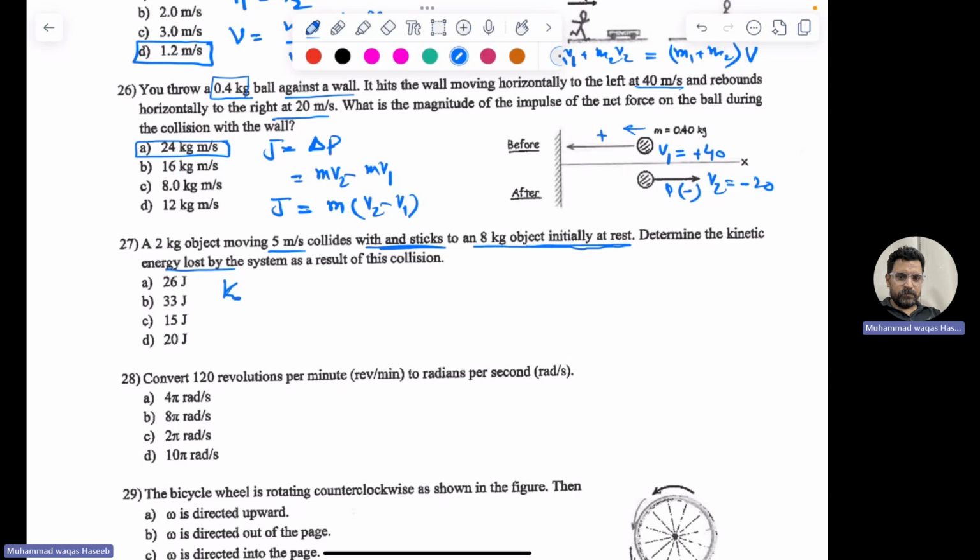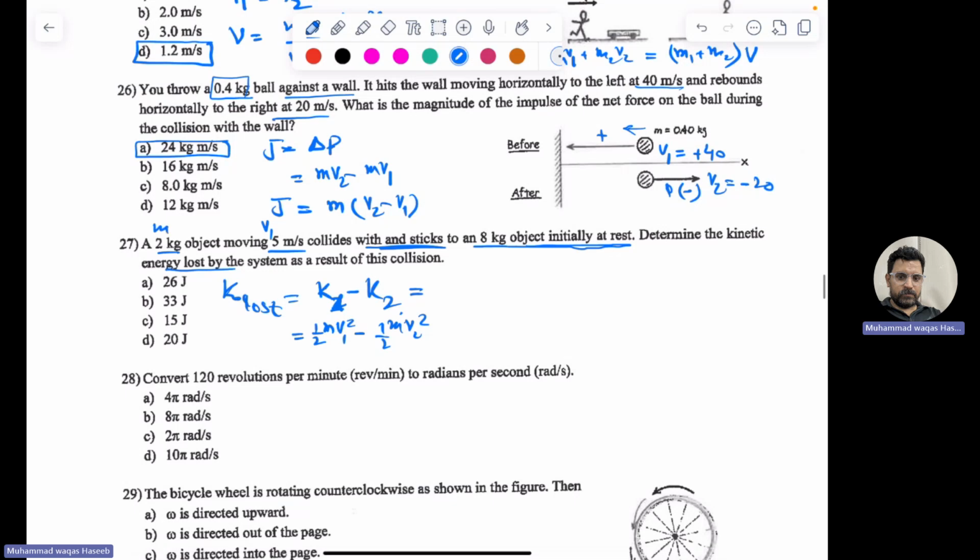The kinetic energy lost is K1 minus K2, so this is 1 half m1 v1 squared minus 1 half m v2 squared.